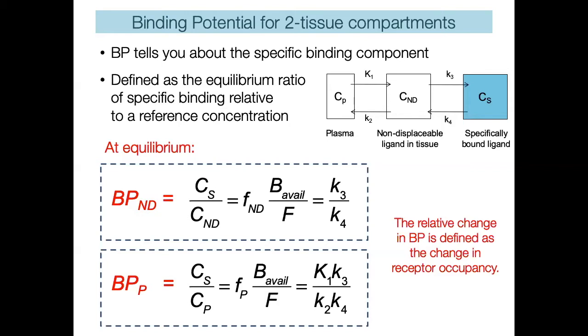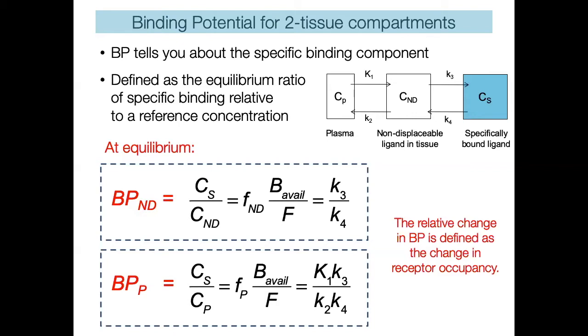For some radiotracers, you can delineate this by anatomical information, because you know that certain parts of the body or brain don't bind that target. You can use that as your reference, or you can use a blood concentration as your reference for your binding potential.